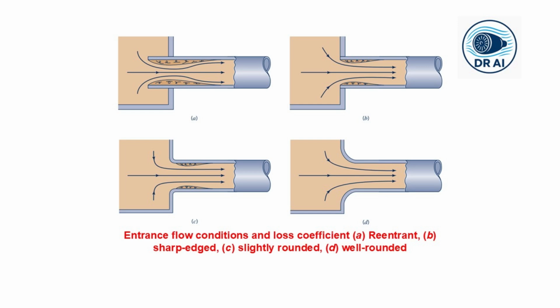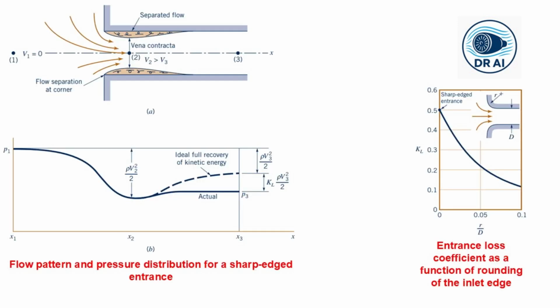This is due to the vena contracta effect, as shown in the figure. The fluid cannot turn the sharp corner, so it separates, creating a high-velocity jet that later dissipates the energy. A slightly rounded entrance reduces K_L to about 0.2.